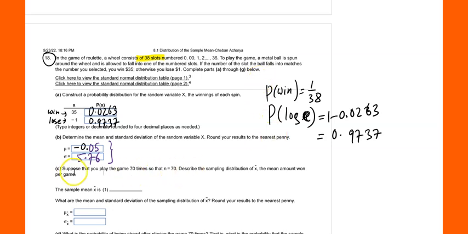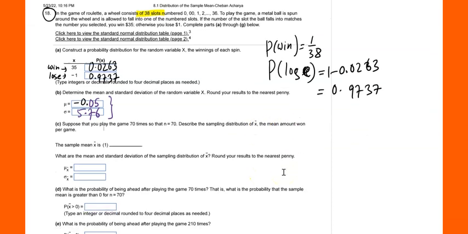Part C: suppose you play the game 70 times, n equals 70. Describe the sampling distribution of x bar. That's the question. All right, what is the sampling distribution of x bar?